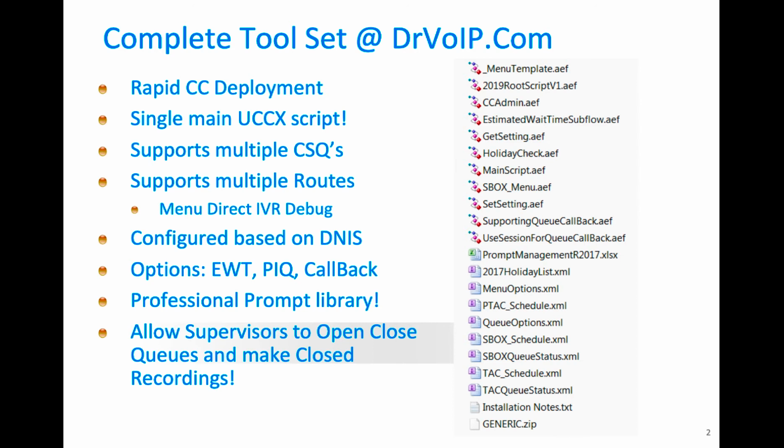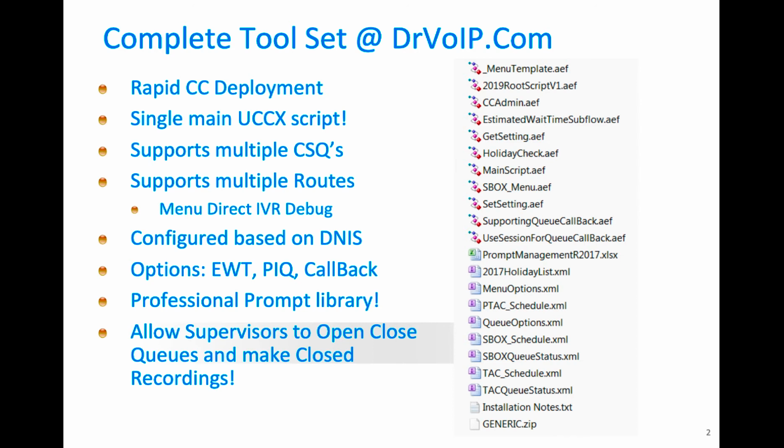So it's a single script. This is very important. You have one trigger that the script is associated with, and then actually the same script is launched by multiple triggers. So each trigger equals something we call string DNIS, and the entire project is configured based on the DNIS, the dialed number the caller entered to reach the script.